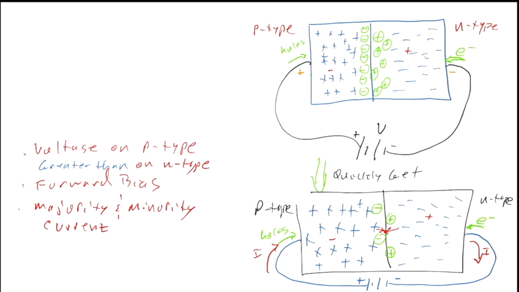If we do the opposite case, I'll draw on the left side this time. We've got the p-n junction.